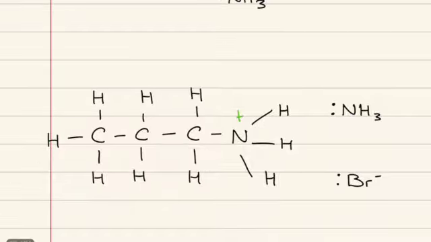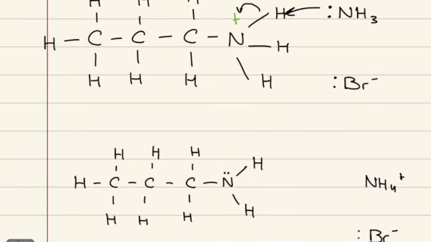So what happens is that a hydrogen gives up its electrons in the NH bond, and then the lone pair on a second NH3 molecule is able to attack this hydrogen.